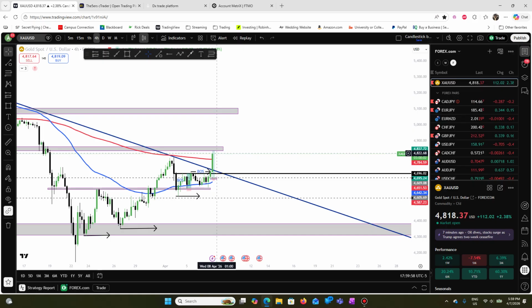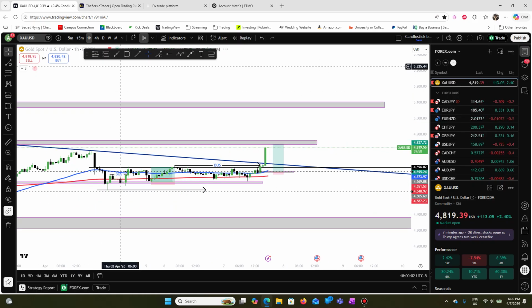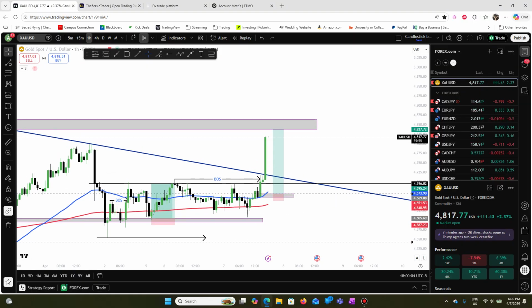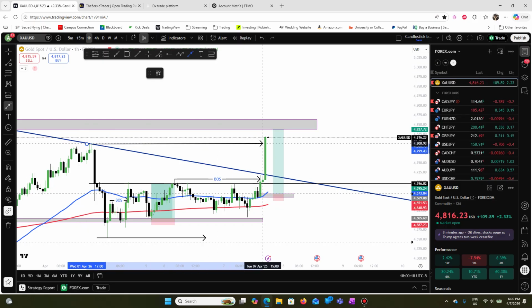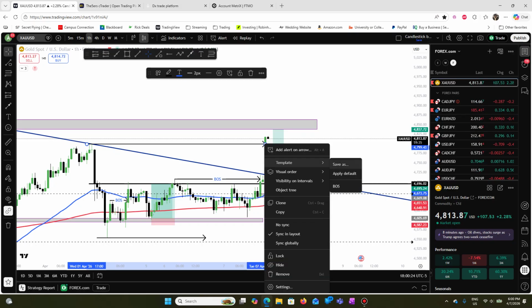Now we've created a new higher high. So this is now an internal high that's been created here. Now we can say, okay, this high has been broken. This is our new break of structure.